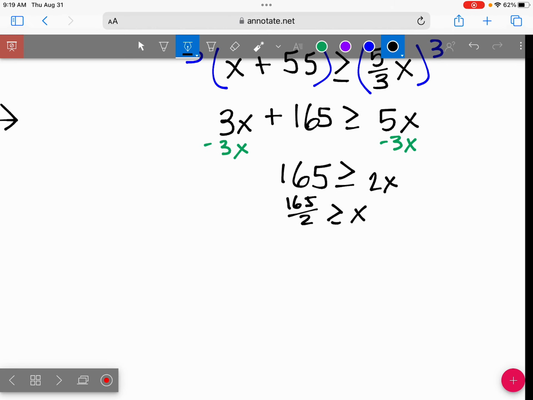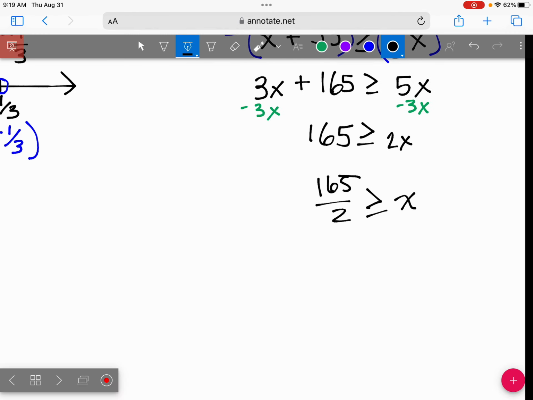We need to put it in our interval notation. I'm going to rewrite that because that looks really terrible. 165 over 2. There we go. Does it matter what that is when we're looking at our interval notation? Nope. We don't have to divide that out to get it to a decimal. All I know is that wherever this guy is, it can equal that, and my x's have to be smaller.